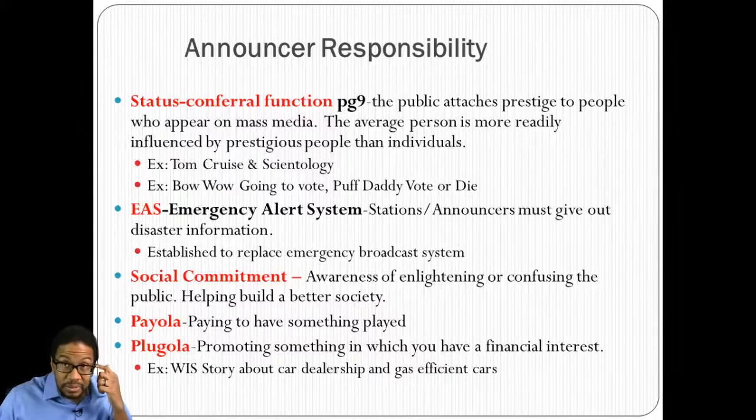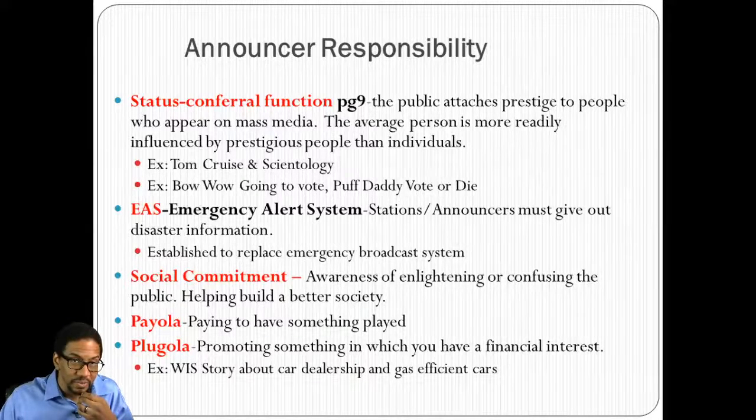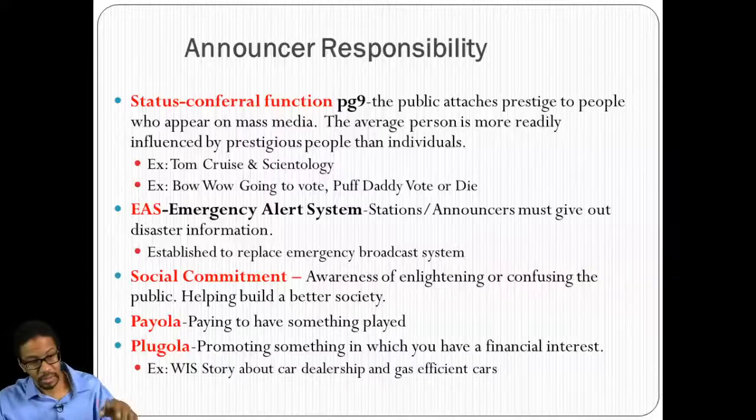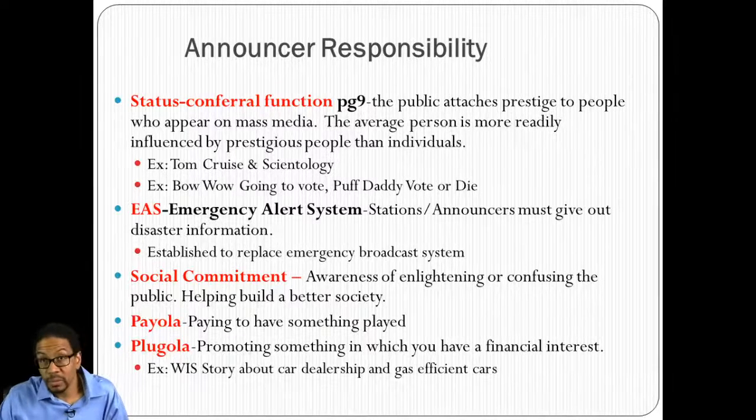Now, one thing that the textbook says that I kind of disagree with is helping build a better society. You might ask, Mr. Trammell, why would you be against building a better society? This is my personal view. The reason I say it shouldn't be the announcer's commitment is because they may be acting in a certain way, thinking that they're building a better society, and be really gung-ho about it and ignore a bunch of norms, and they may be wrong.